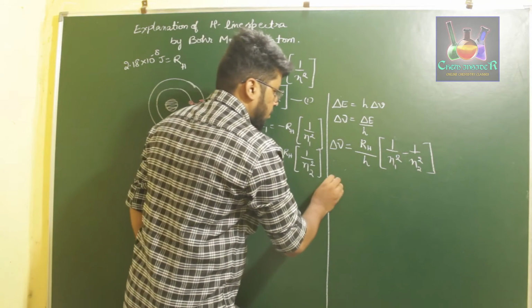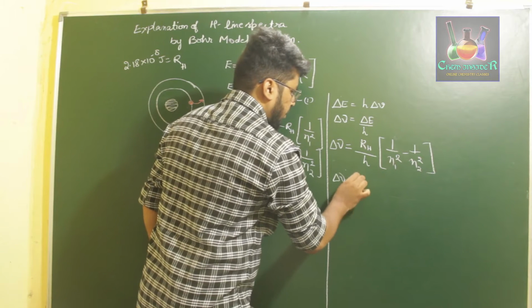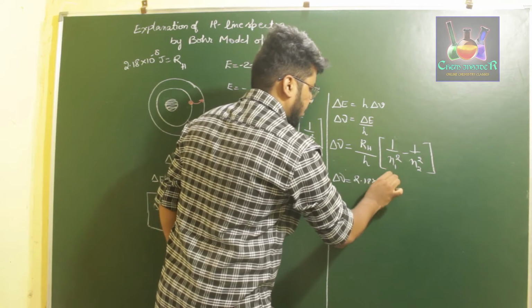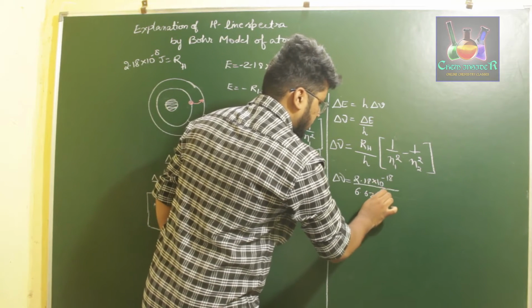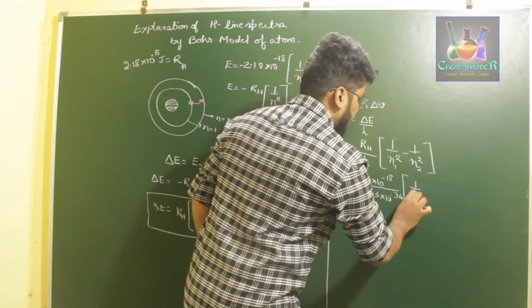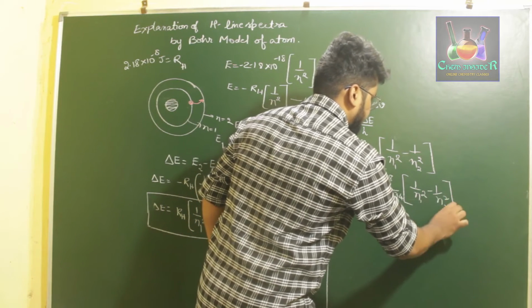So delta nu is equal to RH value, which is 2.18 into 10 power minus 18, divided by 6.626 into 10 power minus 34, of 1 by n1 square minus 1 by n2 square.